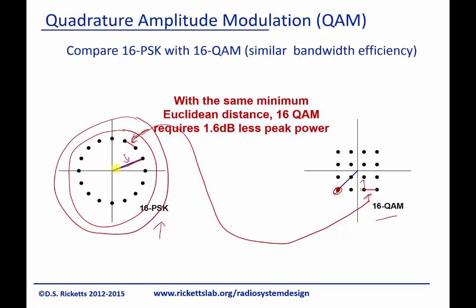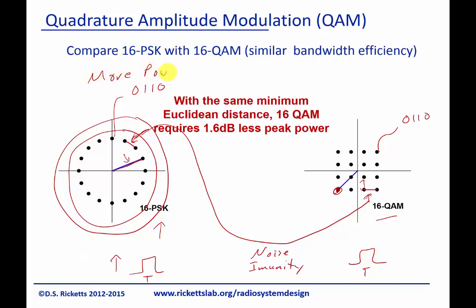So here's a great example where they both have the same bandwidth because we're transmitting at the same period T. They're both transmitting for each one of these 4 bits. They both have the same noise immunity. However, this requires more power.